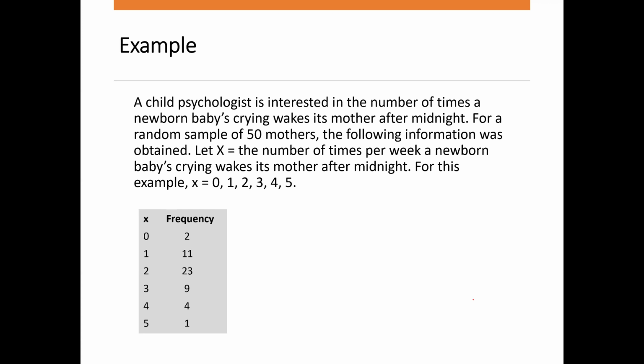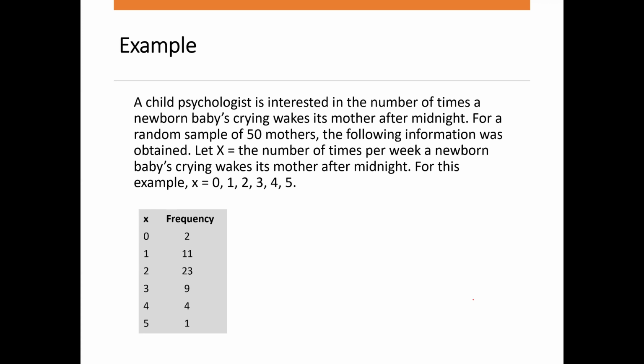For this particular example, the discrete values they got were between 0 and 5. So 0 means the baby didn't wake its mother up at all, and 5 means the baby woke its mother up after midnight 5 times.